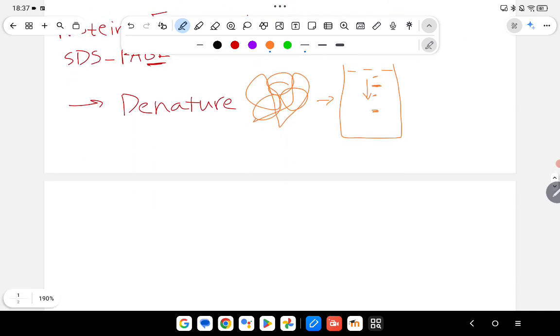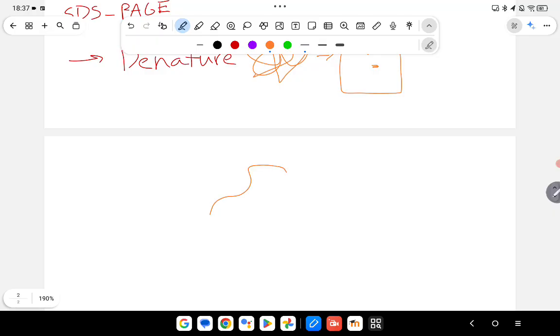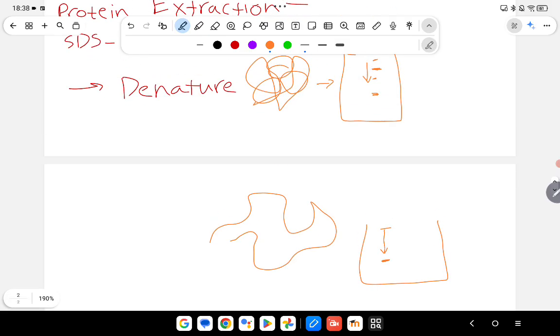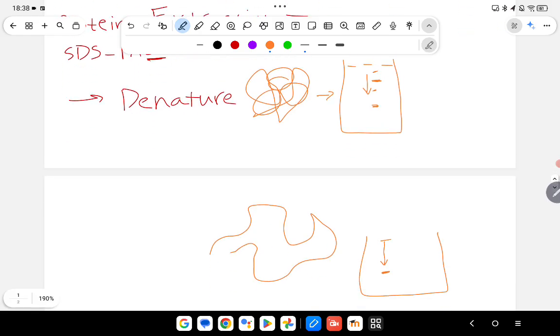So you want that protein to be in its primary structure, all loosened up and denatured. This will give it sort of a uniform effect to where it'll land in only one spot. Okay, so essentially, you want to denature the proteins because a renatured protein might affect the travel length of the gel and make it less consistent.